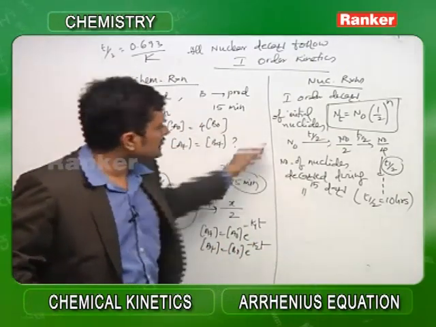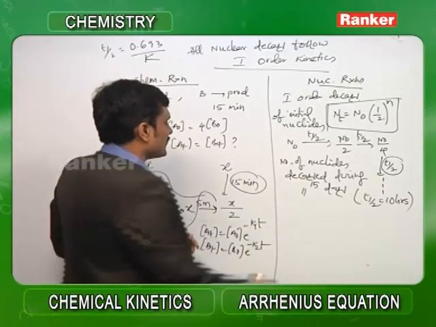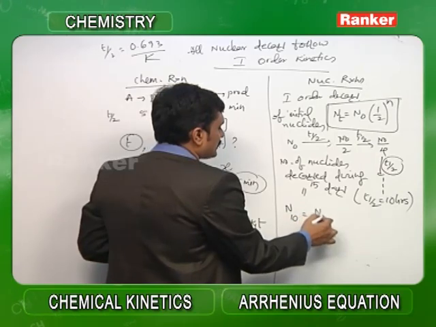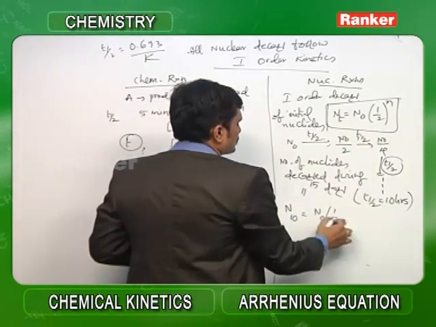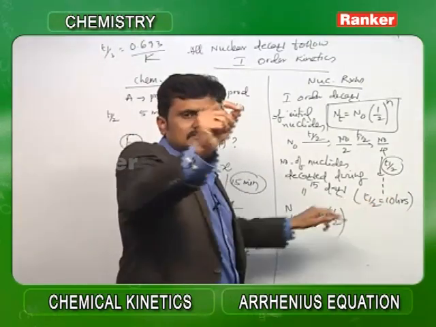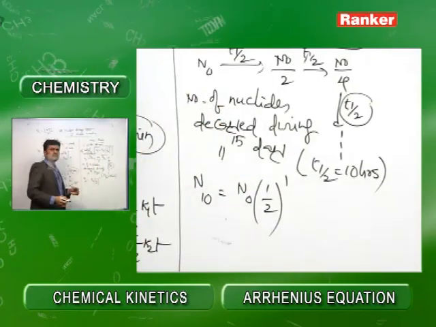So when I have to find the number of nuclides decayed during the 11th day, I'll find the number of nuclides remaining after 10 days, which is N naught into 1 by 2 to the number of half-lives. If 10 hours is 1 half-life, then after 10 hours it will turn out to be 1 half-life.